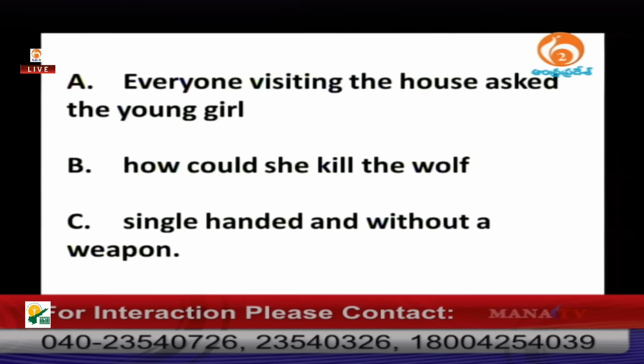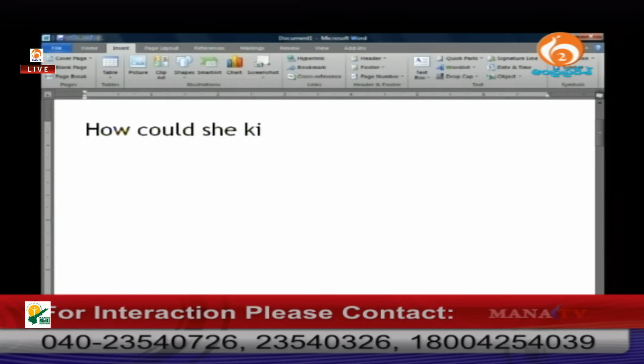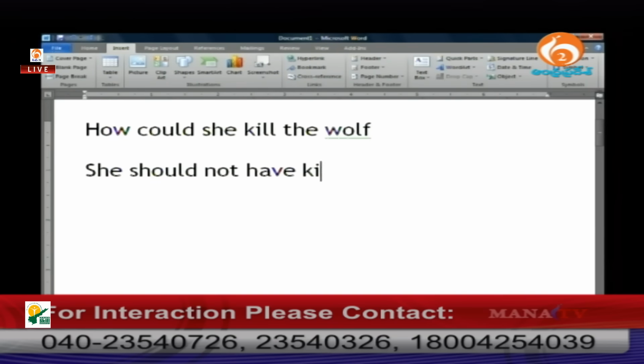Clear? Next, everyone visiting the house asked the young girl, how could she kill the wolf single-handed and without a weapon? Now look at stem B. It says, how could she kill the wolf? When you say, how could she kill the wolf, it basically means she should not have killed the wolf.